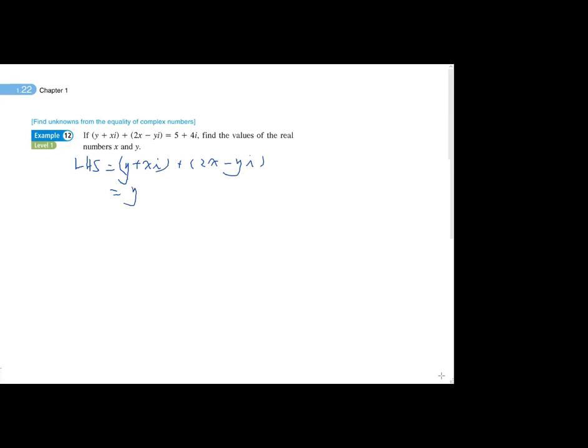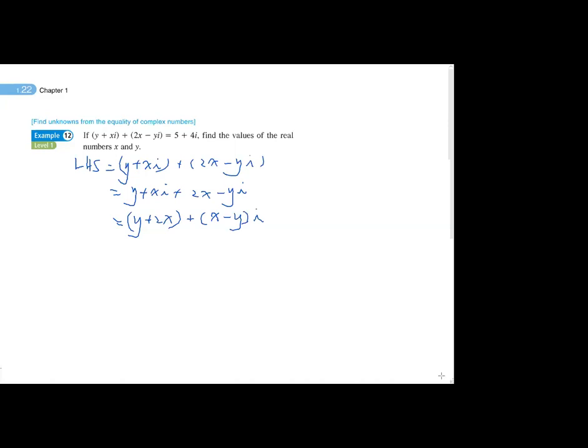So removing the brackets, the real part, the part with no i, is y plus 2x. And then the imaginary part, that is the i part, will be x minus y times i. So normally we will take out the common factor i.